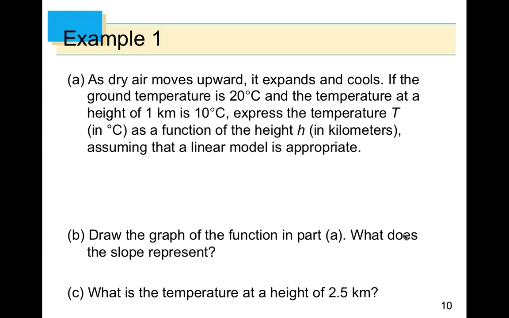and there's actually a lot of information here that is not directly stated to you. For example, it says the ground temperature is 20 degrees Celsius. Now, what you might not realize is that actually gives you a value to start with. That's telling you that h is equal to 0 at that point. So the height is 0 and the temperature T is 20 degrees.